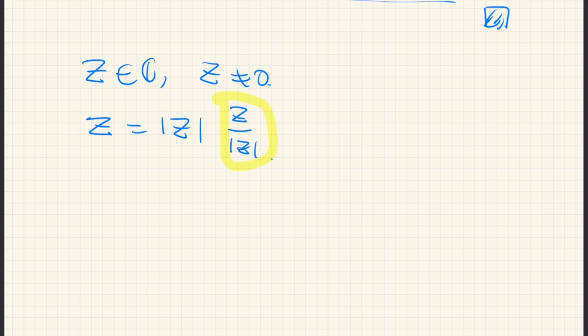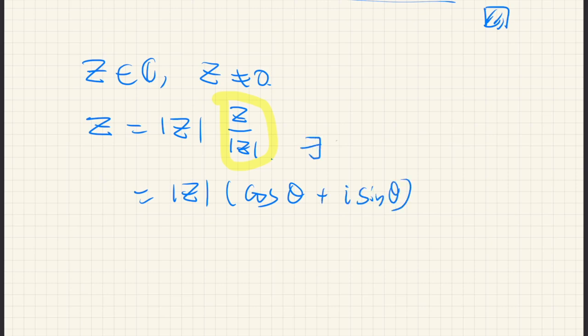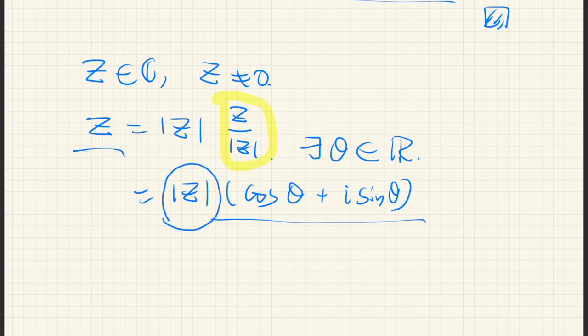Therefore, we can write this part in terms of cosine and sine: cosine theta plus i sine theta. So there exists some theta such that we can write it like this. That means any complex number can be written as the product of its length, or absolute value, and this part, the part on the unit circle.